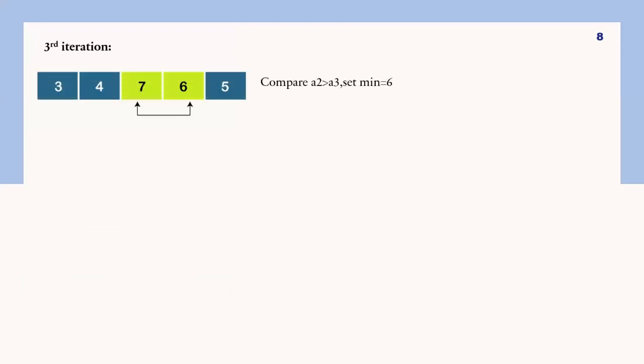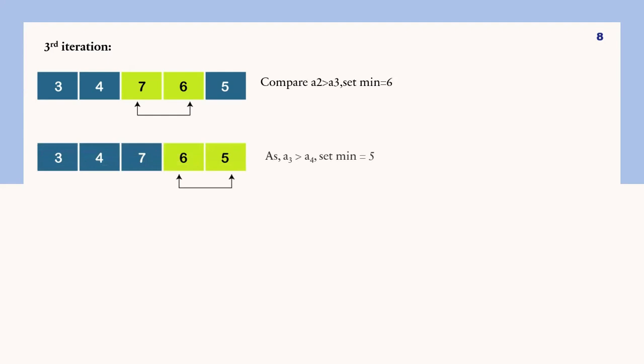Now for the third iteration, again we are comparing 7 with 6. 6 is smaller than 7, so we are setting minimum as 6. Again 6 is compared with 5. 5 is lesser, so minimum is set as 5.